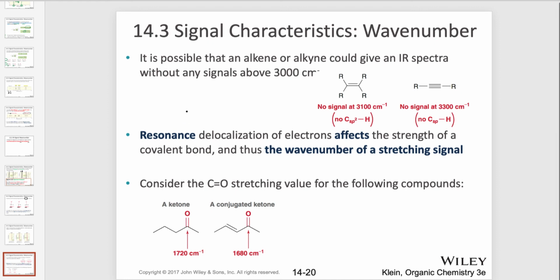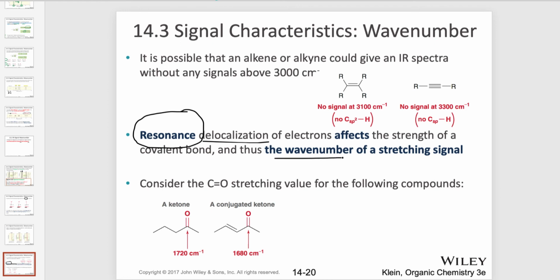Resonance is another reason why I wanted you to closely review resonance, which shows up in chapters 1, 2, and 6. Delocalization is going to be very important when we move forward and discuss conjugated systems in a few chapters, and of course also aromatic systems. So if we have resonance and we can delocalize the electrons, it will now affect the wave number.